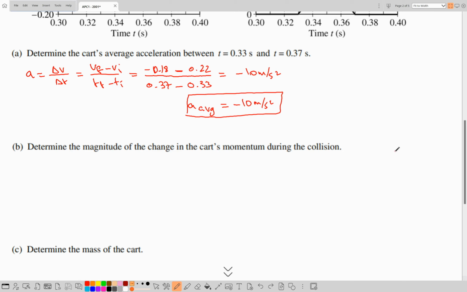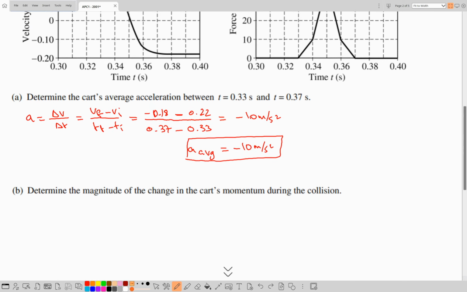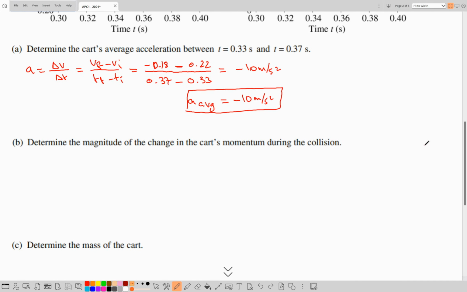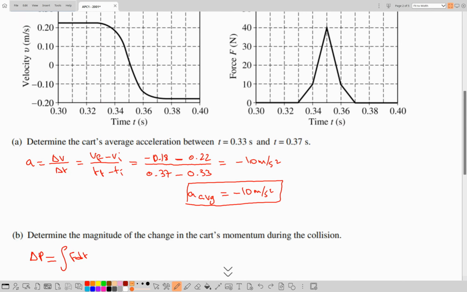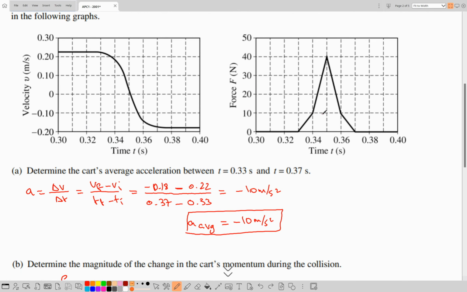Now determine the magnitude of the change in the cart's momentum during collision. Remember that the change in momentum, which is the impulse, can be determined via an integral, which is given by integral of F dt. What's the interpretation of this integral? It is basically the area under an F-t curve.